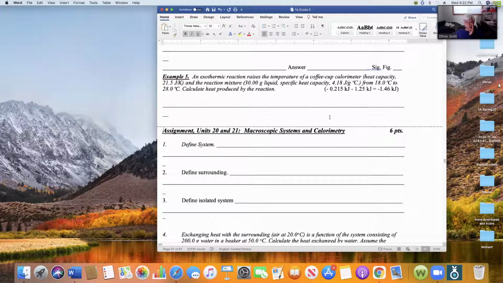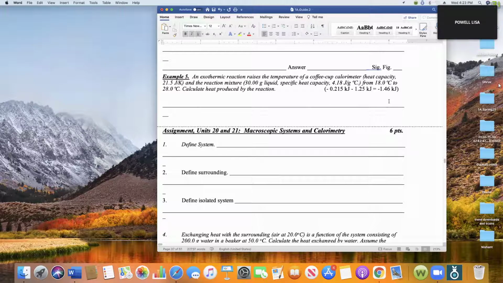The change in temperature from 18 to 28 is 10. Kelvin and Celsius are the same when we talk about delta T.